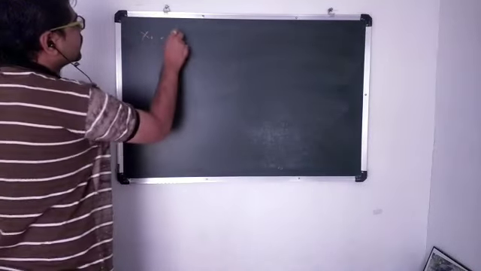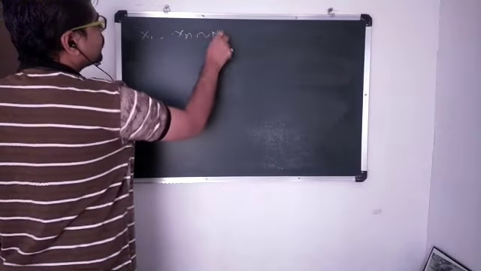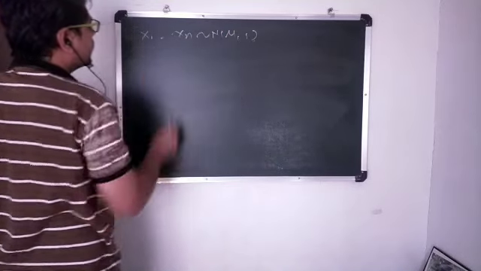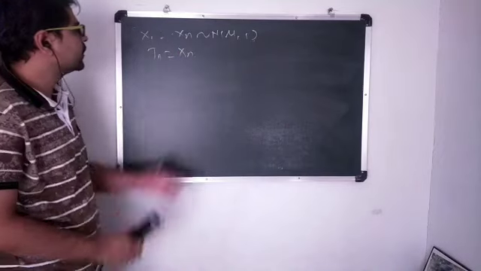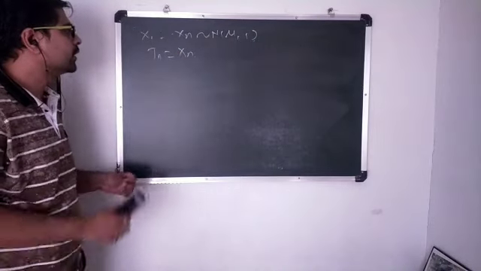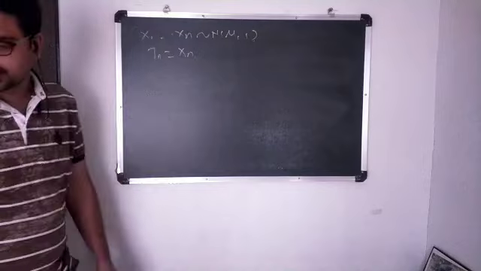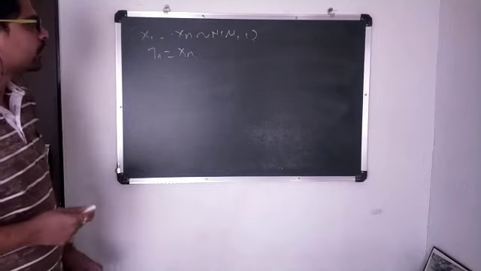For example, suppose x1, x2, ..., xn is a random sample from normal(mu, 1), and suppose our Tn is xn, that is, the nth observation. Then we have to check its consistency.